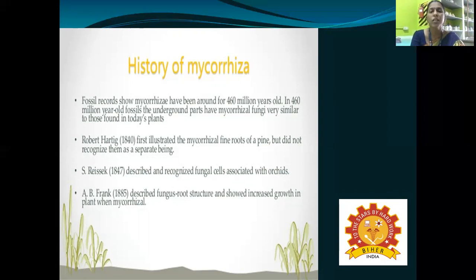It shows increased growth of the plant when the fungus is present. Mycorrhizae means the fungus is present or located inside the root system of a plant.